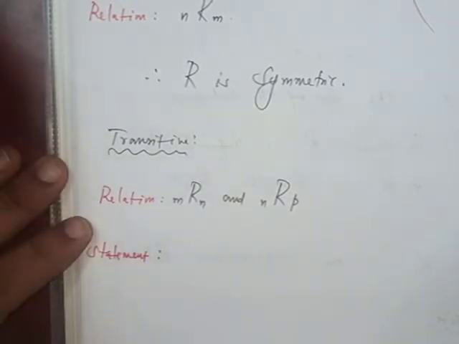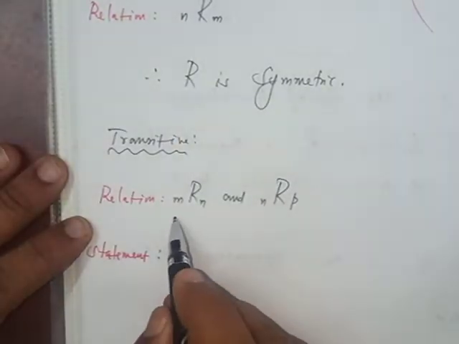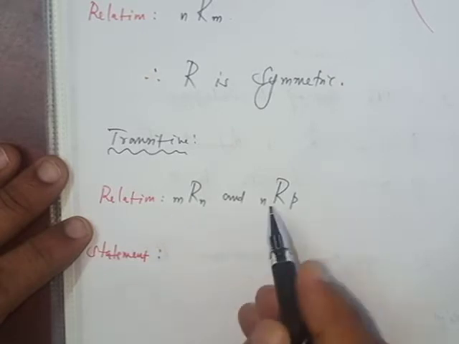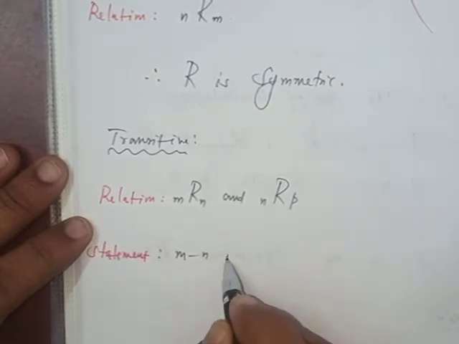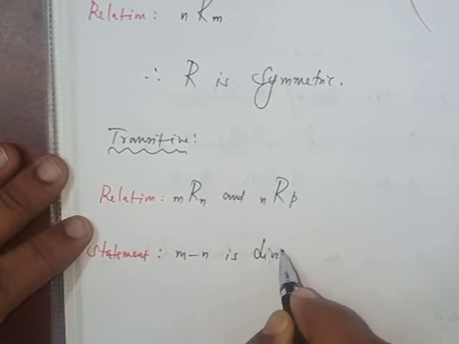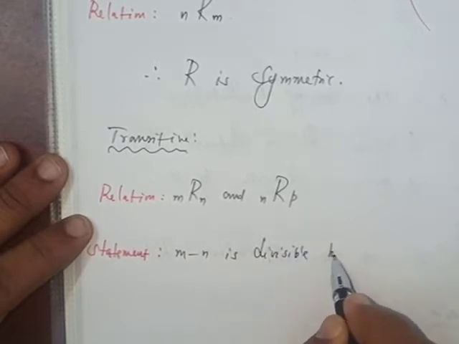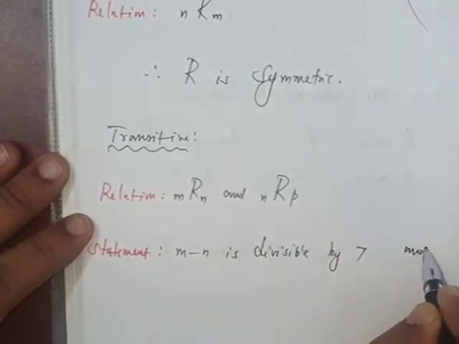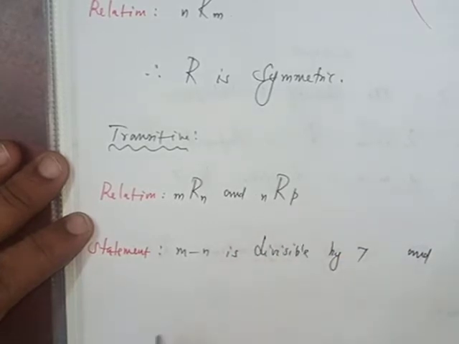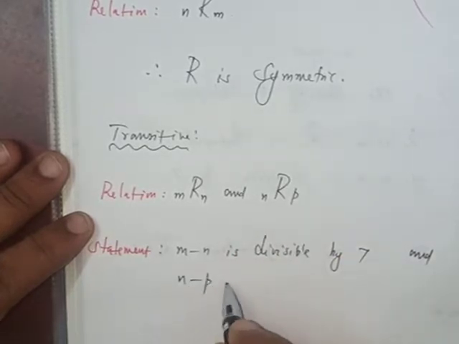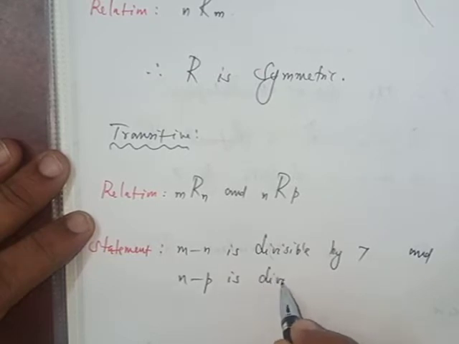The statement is m minus n is divisible by 7 and n minus p is divisible by 7.